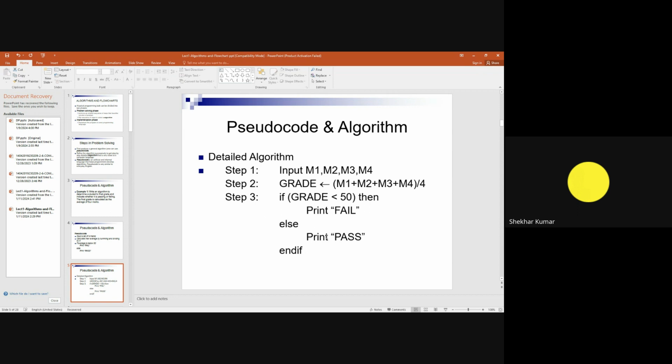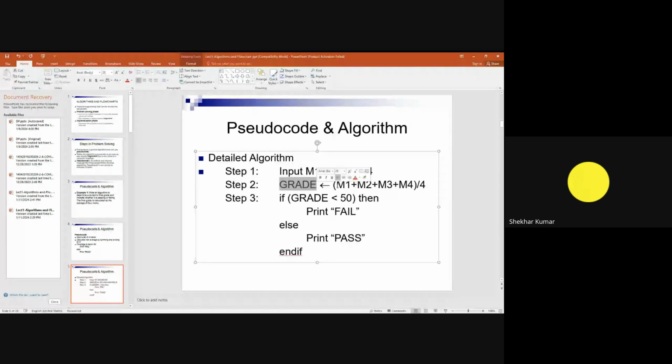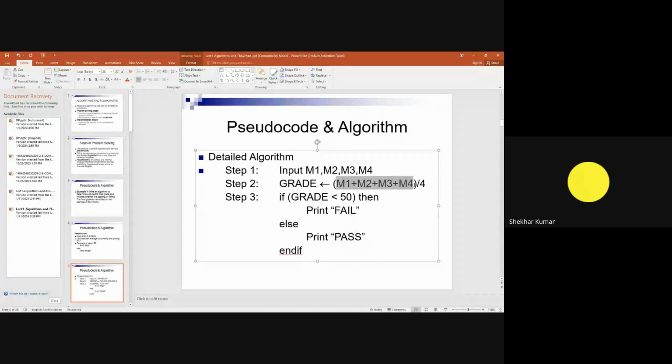Then in the second step, I have calculated their average by summing all the subjects' marks and then dividing by 4.